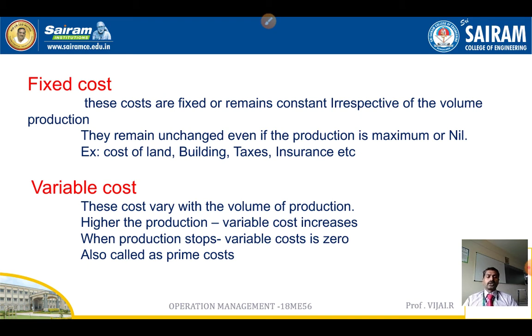But the variable cost depends upon the volume of production. If you are producing a single product, how much amount are you spending for producing the component? How much for electrical power supply, for the workers, and for maintenance during breakdowns? After production starts, each and every component gets counted, and that is the variable cost.